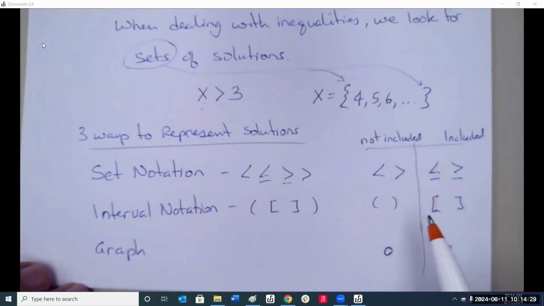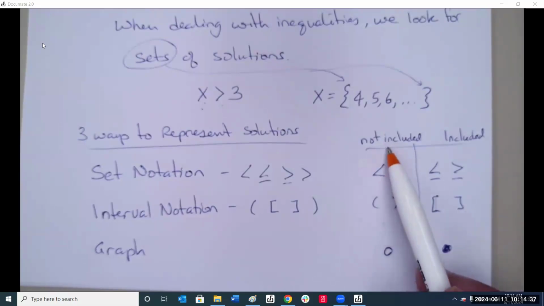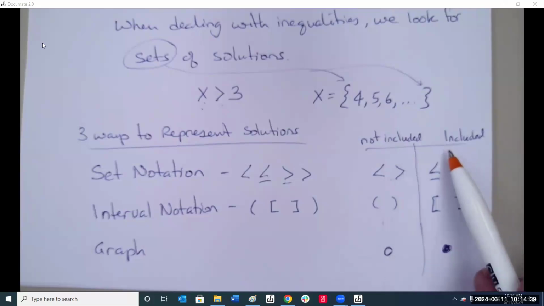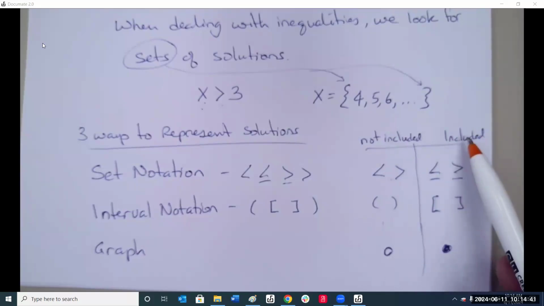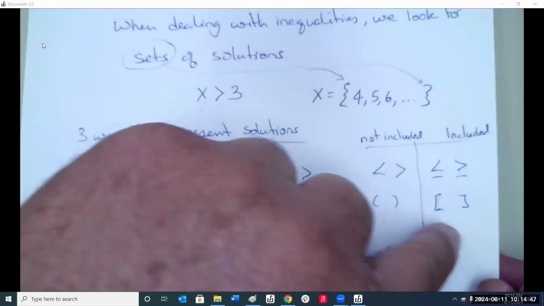The endpoints, the numbers we're looking at, with these, they're not included in our answer set. With these, they are included. I'll show you what that means in a second.